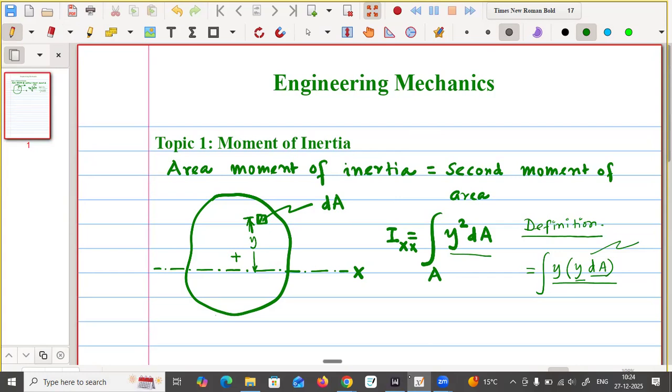I guess you can see the screen, the arrow, this one. So this is y dA, that is the first moment of area, and then I multiply with y again to get the second moment of area. Again, it is integrated over the area. So that is the definition.